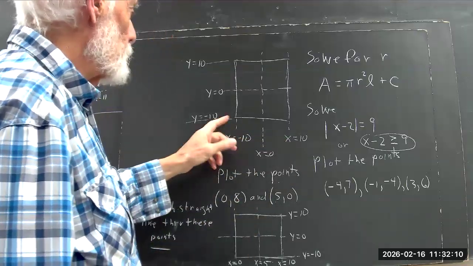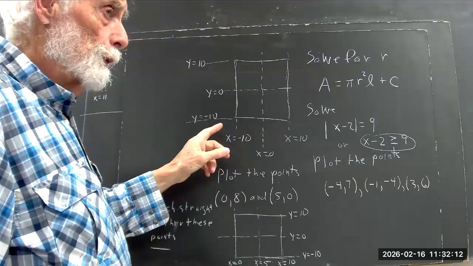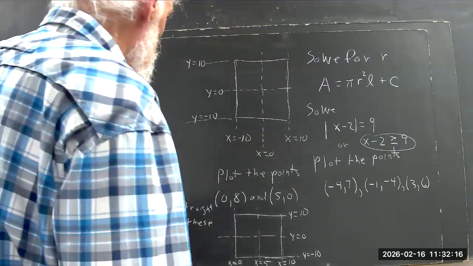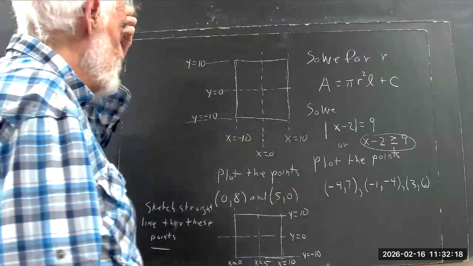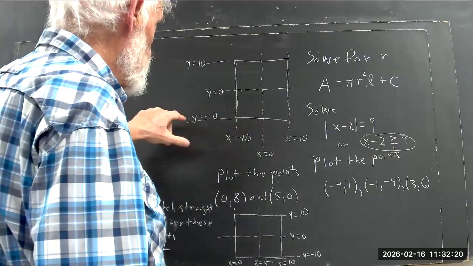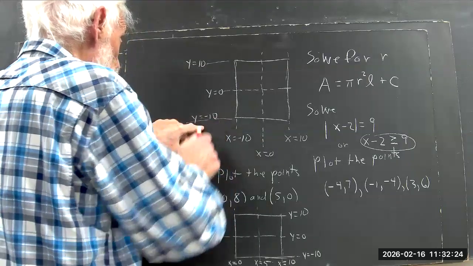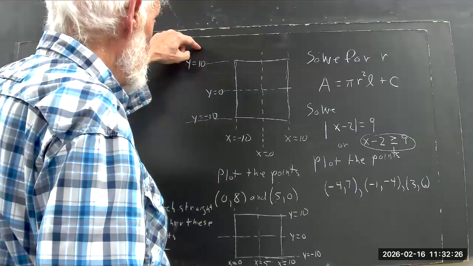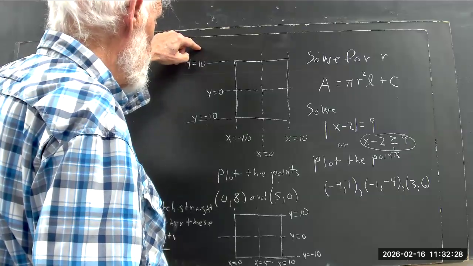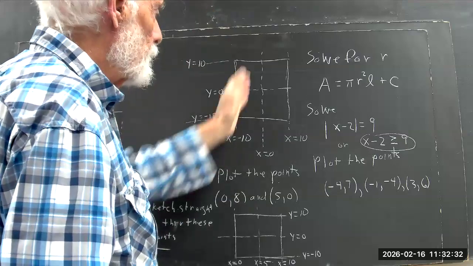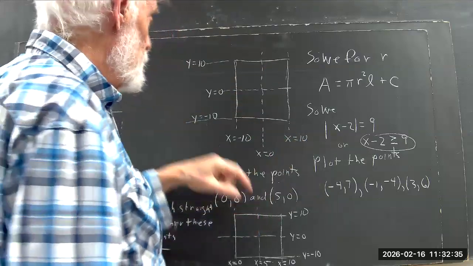So that from left to right, this rectangle represents numbers from -10 to 10. Okay. Then on the lower edge, I've extended it and labeled it y equals -10. In the upper edge, I've extended to y equals 10. Now, both of those edges are horizontal, perpendicular to the vertical edges.